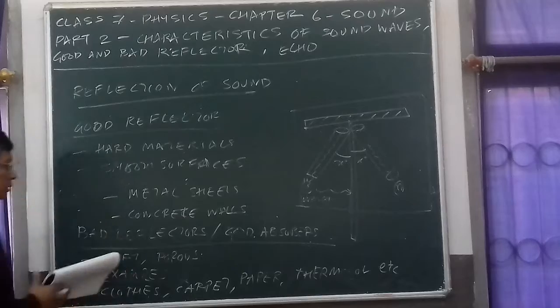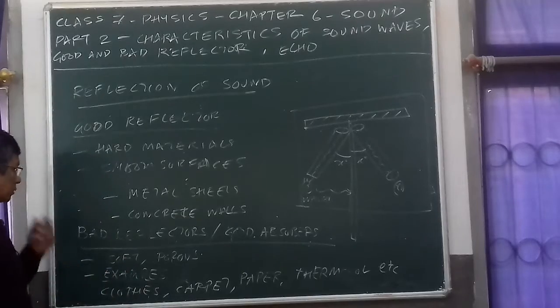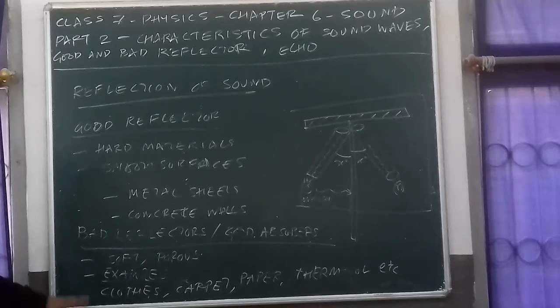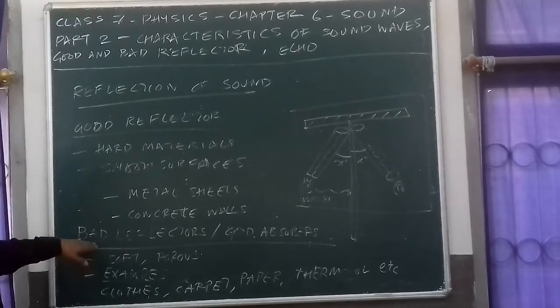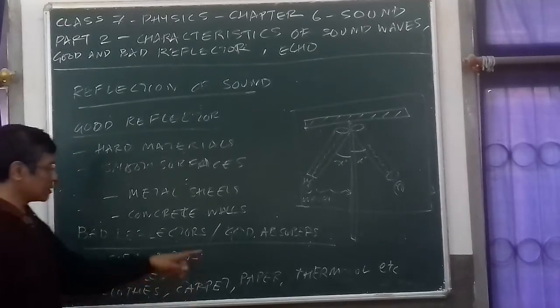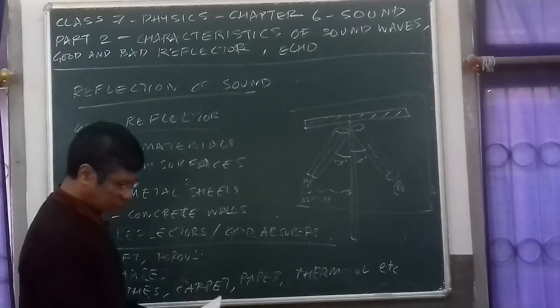So these are some of the surfaces which are either bad reflectors or good absorbers. For materials to be bad reflectors and good absorbers, they need to be soft and porous. Examples are clothes, carpets, paper, and thermocol.